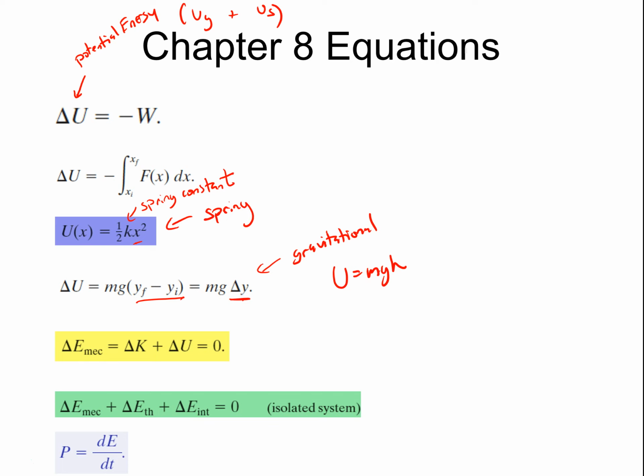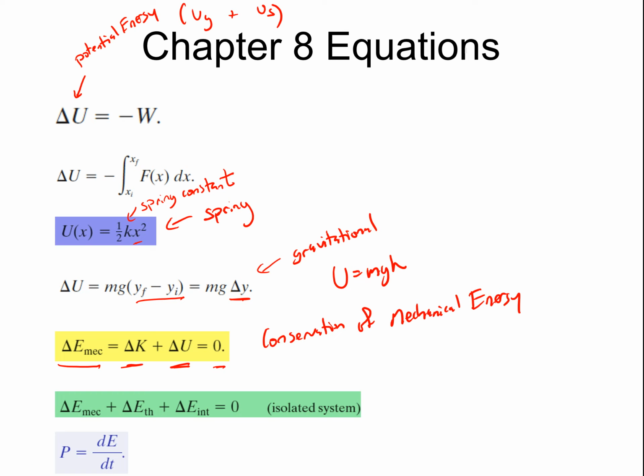Okay, the next couple of equations are actually going to deal with conservation of energy. The first says that our total mechanical energy, which is our kinetic plus our potential, or the change in both of those, is going to be equal to 0. So this is conservation of mechanical energy.